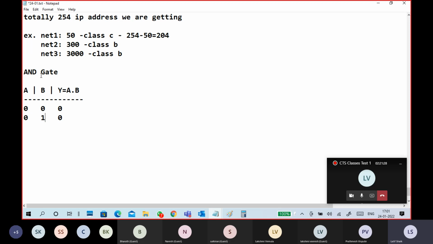If one input is 0 and another input is 1, the output is also 0 only. If the first input is 1 and the second input is 0, the output is 0 only. If the first input is 1 and the second input is 1, the output is 1.